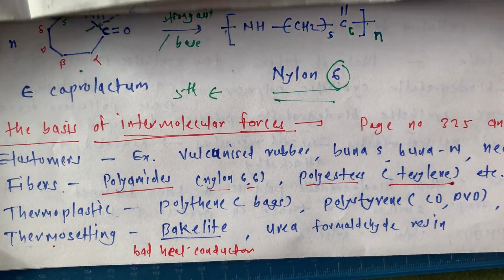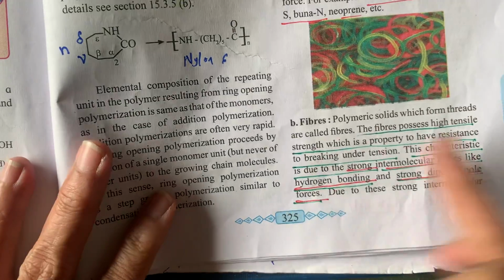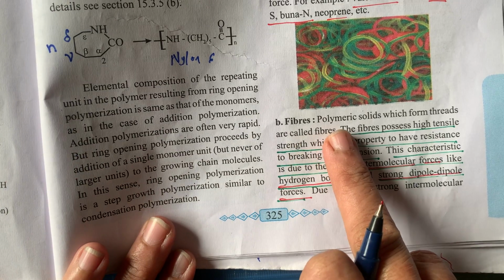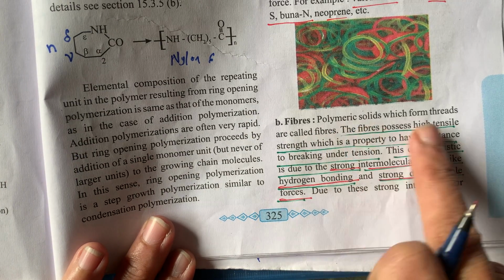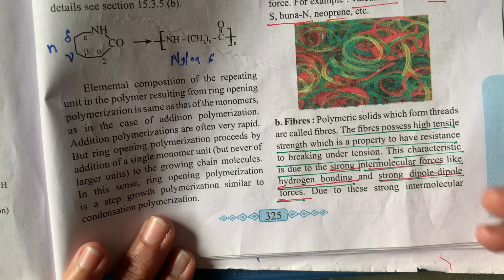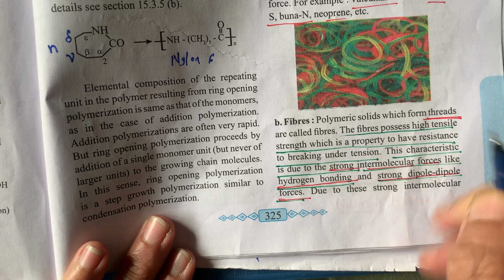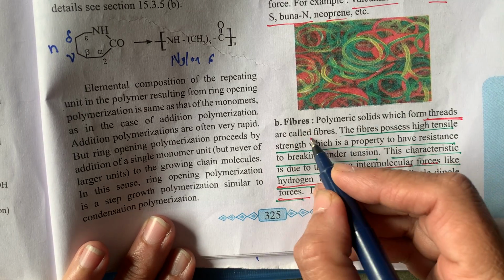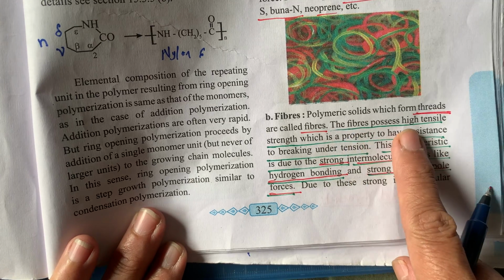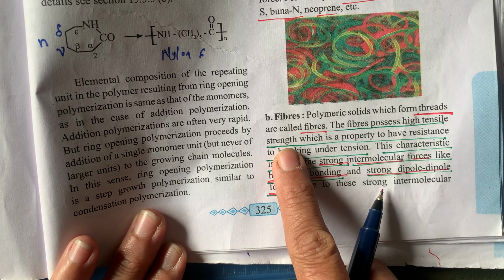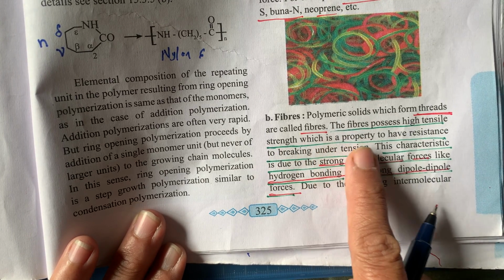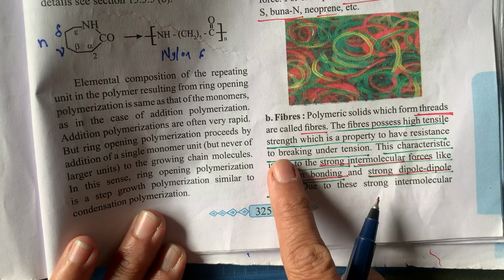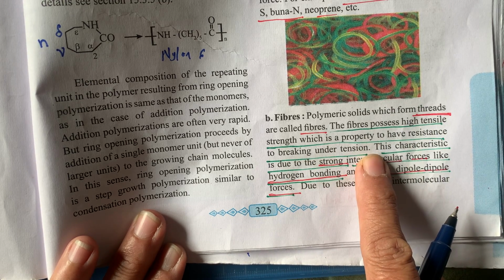Polymeric solids which form threads are called fibers. We know this very well. These fibers possess high tensile strength, which is a property of having resistance to breaking under tension.